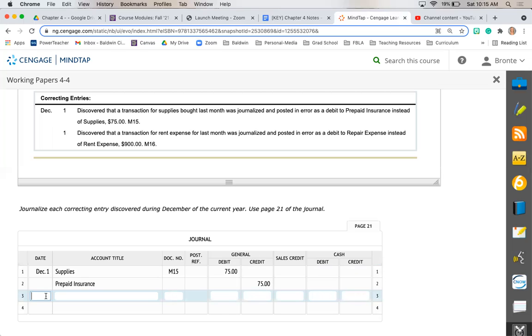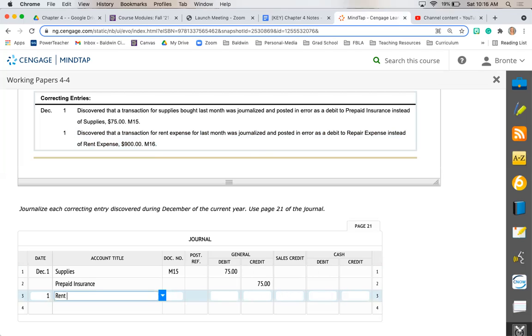Transaction number 2, also on the 1st, we don't have to put December. We found that a transaction for rent expense for last month was accidentally journalized and posted in error as a debit to repair expense. So we need to put it into rent and we need to take it out of repair. The normal balance of an expense account is a debit.